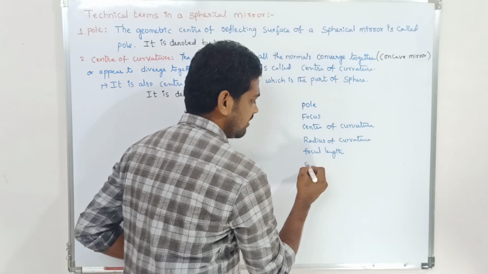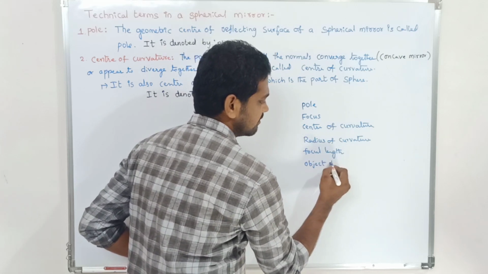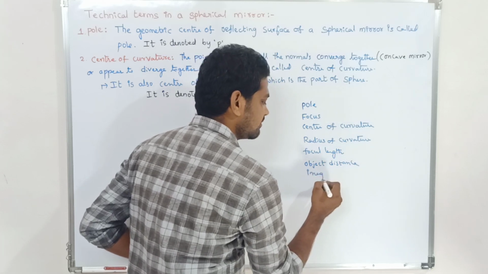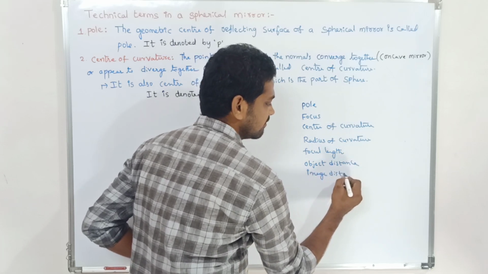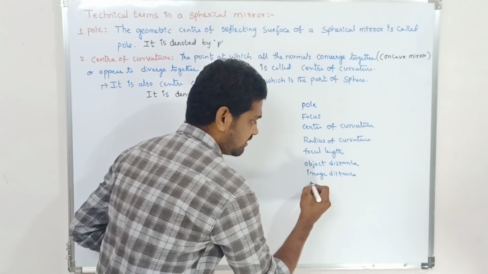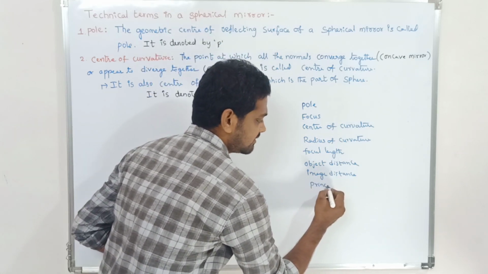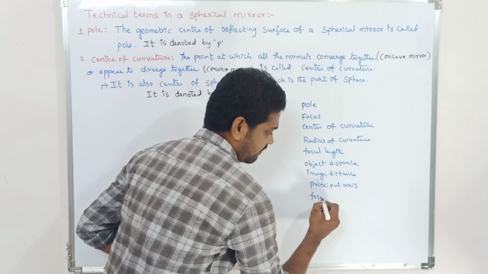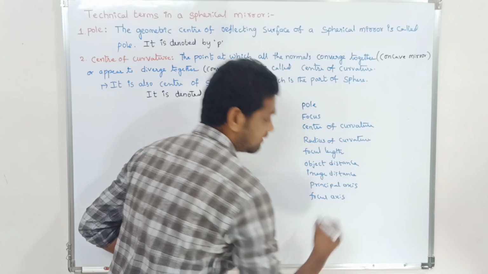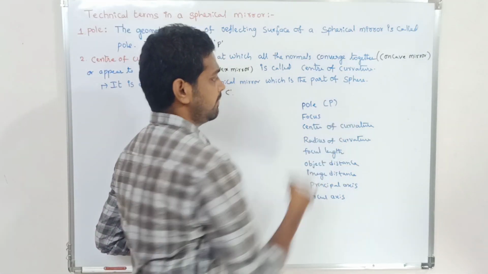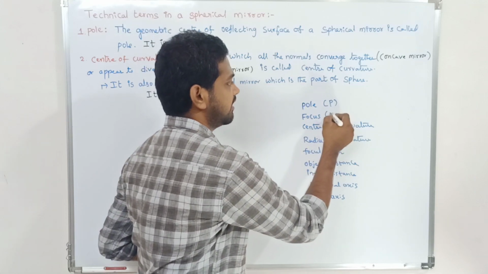You can also consider object distance, image distance, and the final category, principal axis and focal axis.